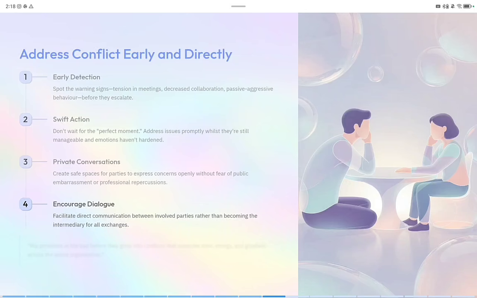Now, just by doing this simple step, you have built space of trust and collaboration at the same time. So, nip the problems in the bud before they grow into conflicts that consume time, energy, and goodwill across the organization.